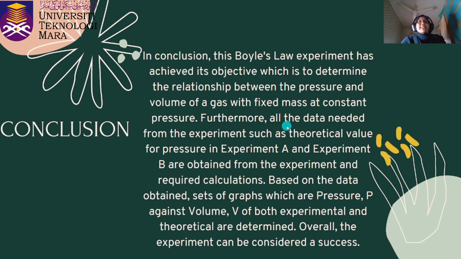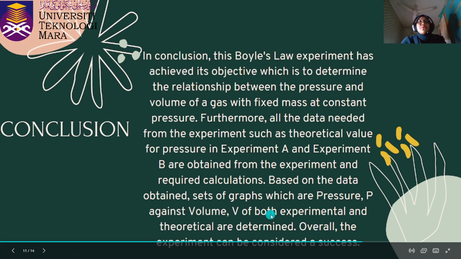Furthermore, all the data needed from the experiment, such as theoretical value for pressure in experiment A and experiment B, are obtained from the experiment and required calculations. Based on the data obtained, a set of graphs which are pressure P against volume V for both experimental and theoretical are determined. Overall, the experiment can be considered a success.